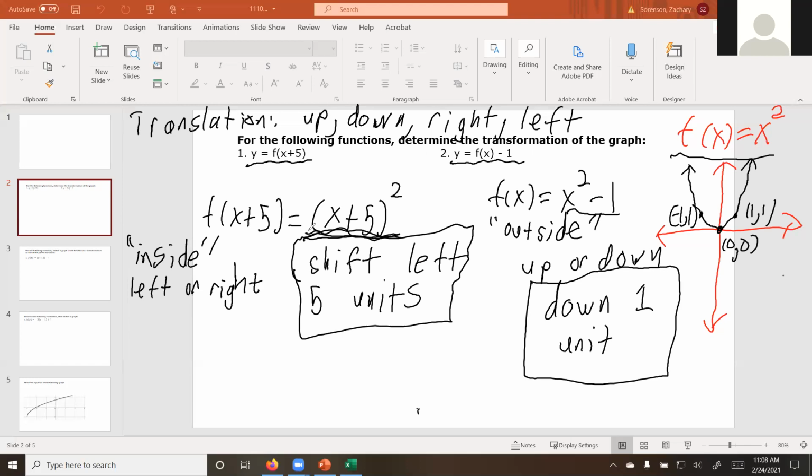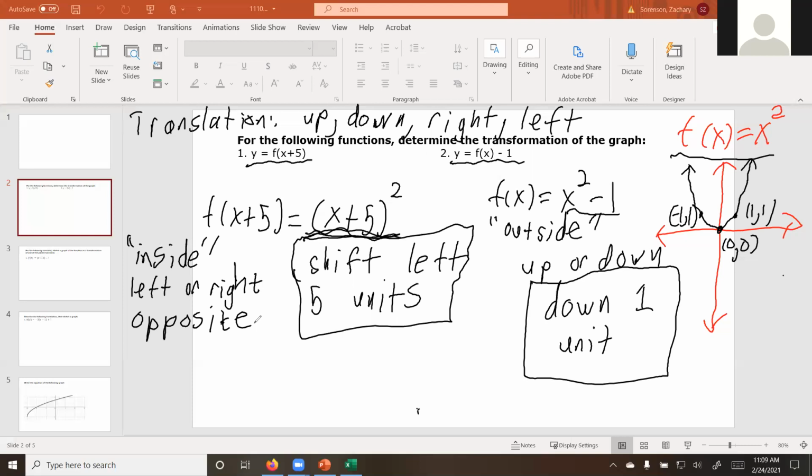But another trait when we're doing these transformations of this whole inside and outside is if it's inside, it tends to kind of be the opposite of what you would think. I mean, I obviously can't predict what your brain is going to think, but that's at least how mine would think. Okay, x +5 should move it to the right because, to the right of my graph is positive.